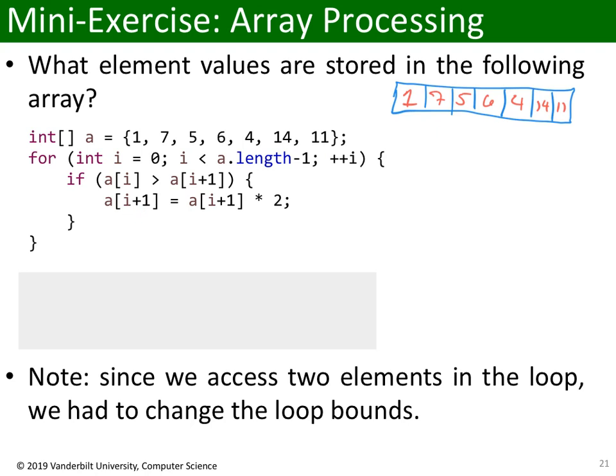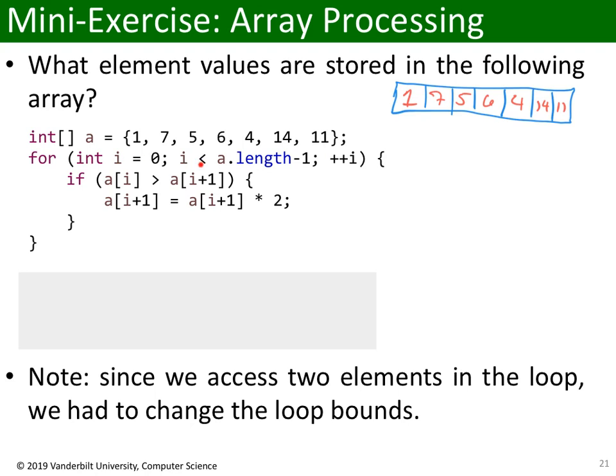So if we're looking at element 0, we'll say, is 1 greater than the next element, which is 7? The answer there is no. So we will not execute the interior of this if statement. And we'll jump to the end of the for loop.